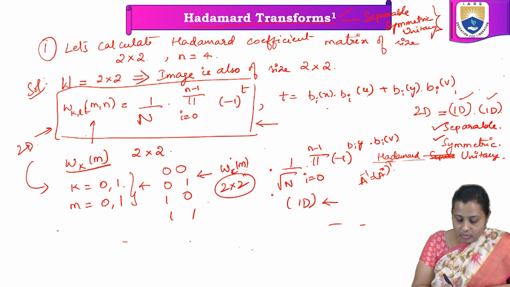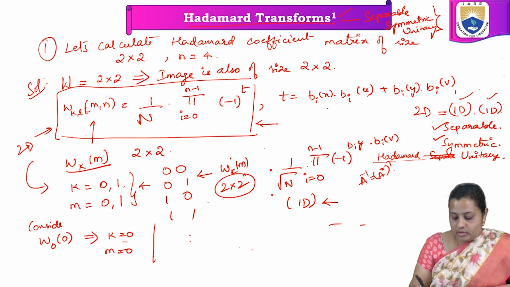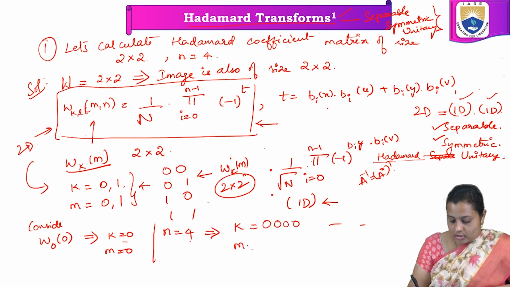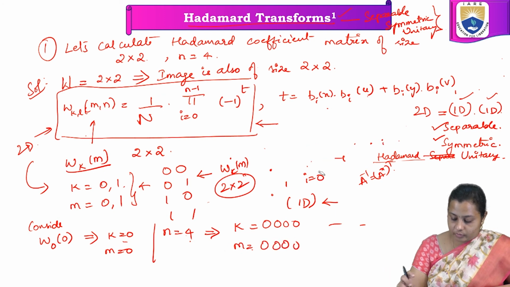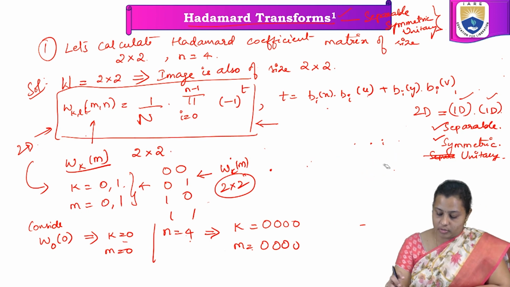So consider now I want to calculate W0 of 0, which implies that k equals 0 and m equals 0. We have given that n is equal to 4, which implies that k is represented by 4 bits, 0, 0, 0, 0, and m is given by 0, 0, 0, 0.